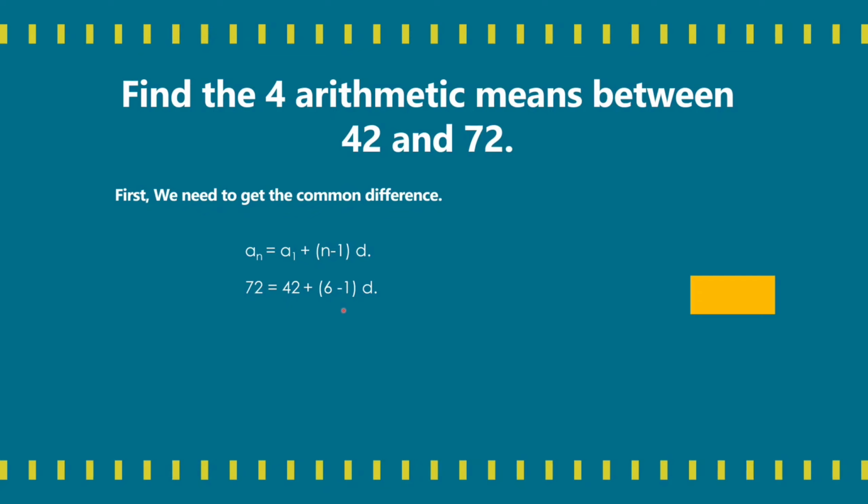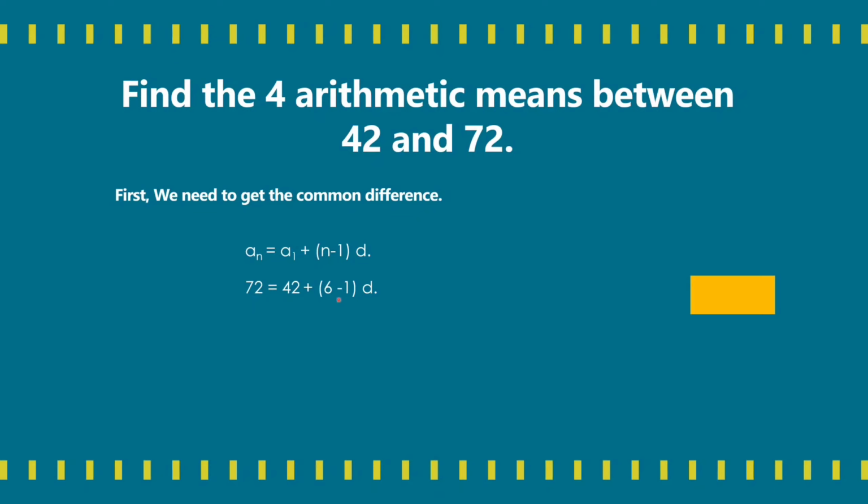How did we come up with 6? Because 42 is our a sub 1 and we need to insert 4 arithmetic means. So the 4 arithmetic means are a sub 2, a sub 3, a sub 4, and a sub 5. So our 72 is our a sub 6, which is our last term.